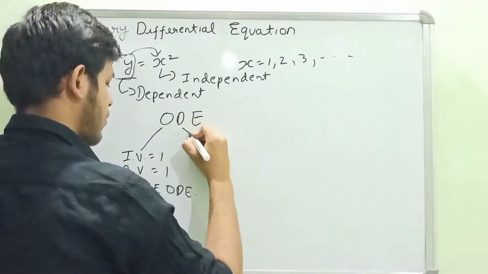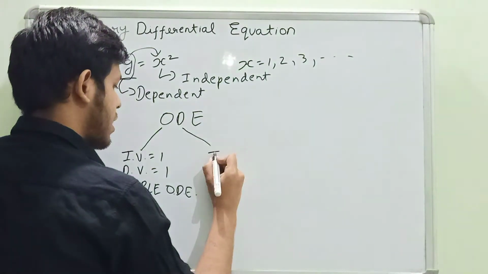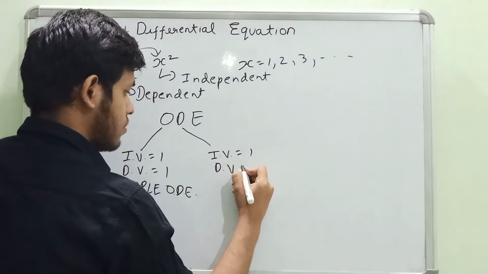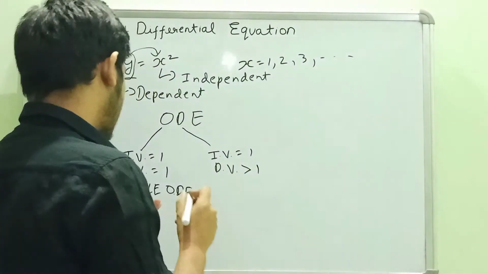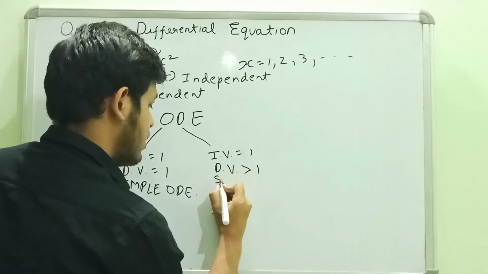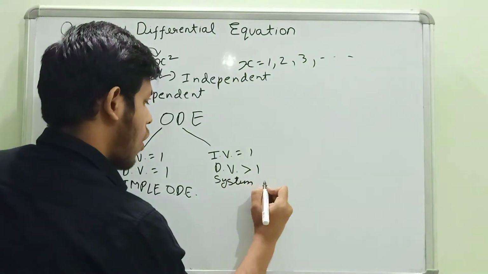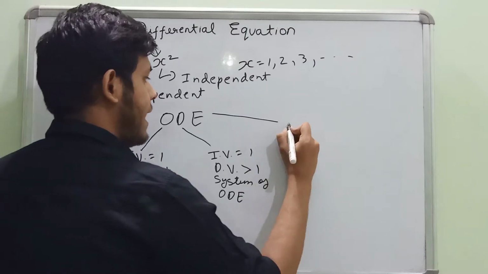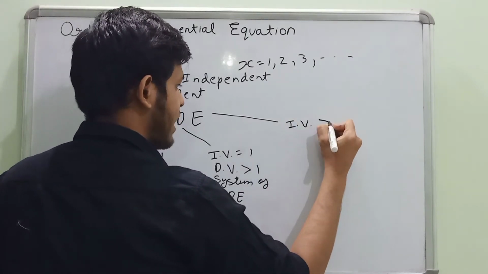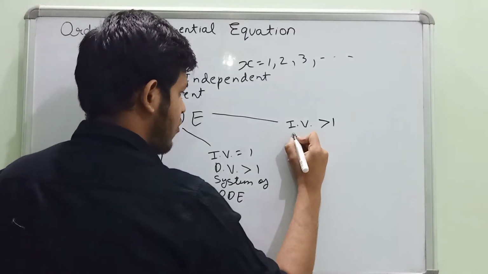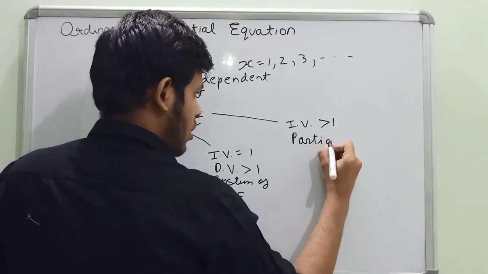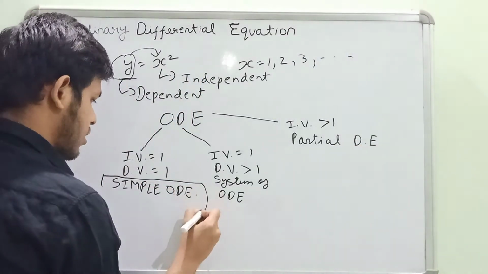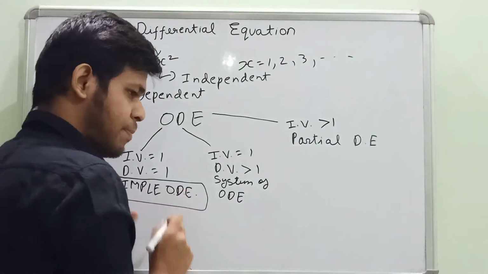But if the independent variable is 1 but the dependent variables are more than 1, then in this case it will be known as a system of ordinary differential equations. And the third case is that if the independent variables are more than 1, then the differential equation will be known as a partial differential equation. So now we are starting with simple ordinary differential equations.